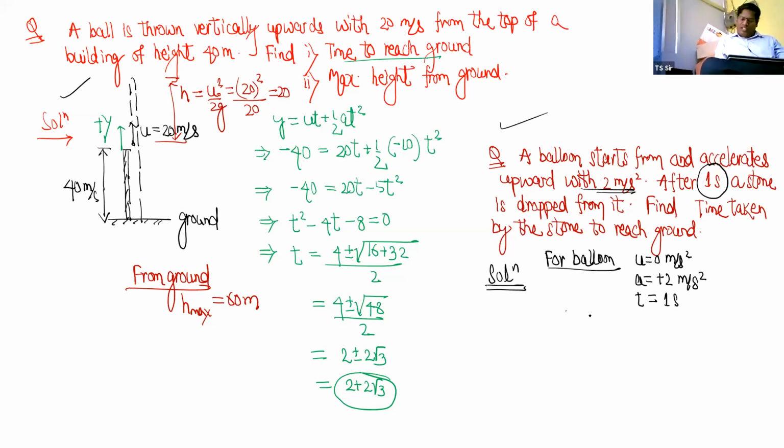So we can find its final velocity, u plus at. It will be 2 upwards. And we can find its height at that time, ut plus half at square. So it will be half into 2 into 1 square.